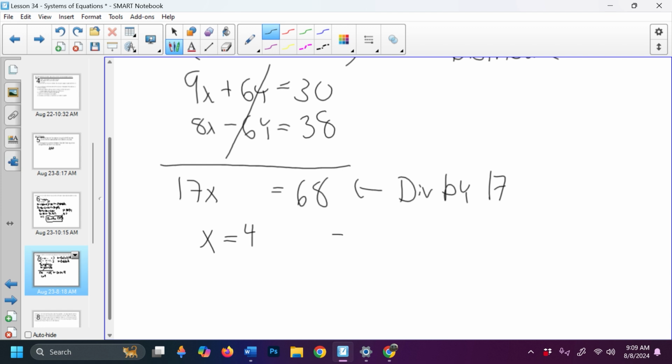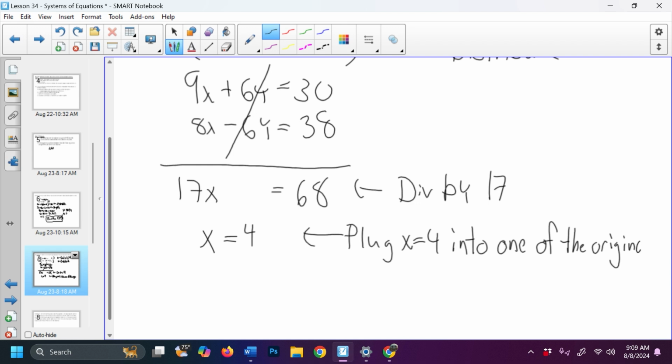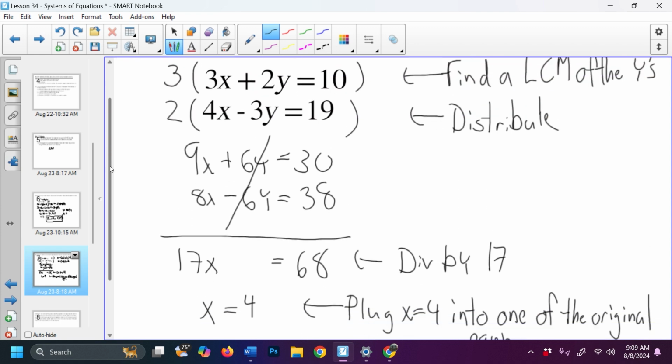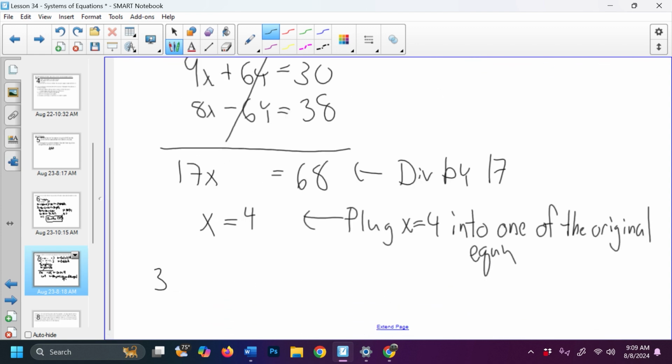So now I have to plug x equals 4 into one of the original equations. And that'll give me 3 times 4 plus 2y is equal to 10.